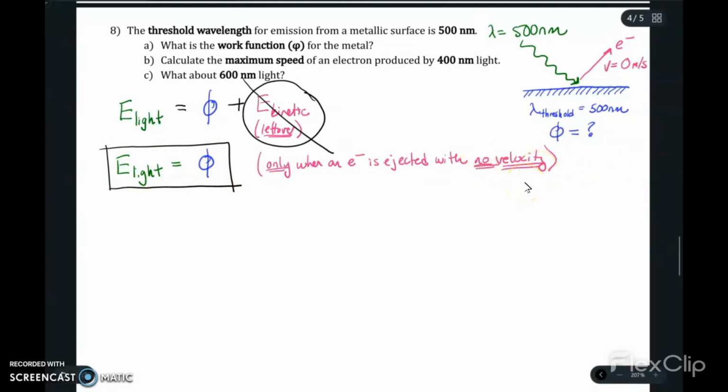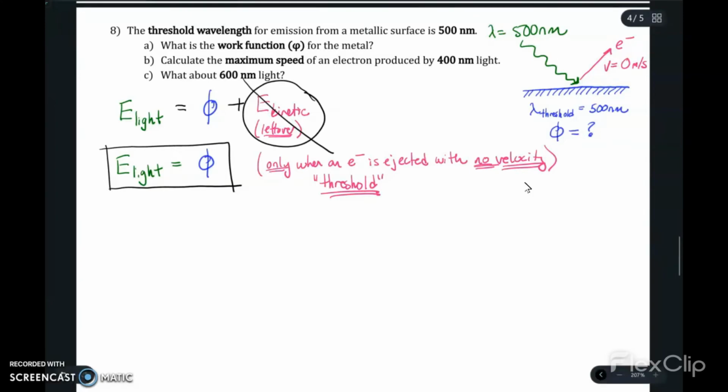And typically, as we said, this situation will be indicated by the term threshold. If you see threshold wavelength, threshold frequency, threshold energy, anytime that term threshold is used, that's referring to this specific type of situation.